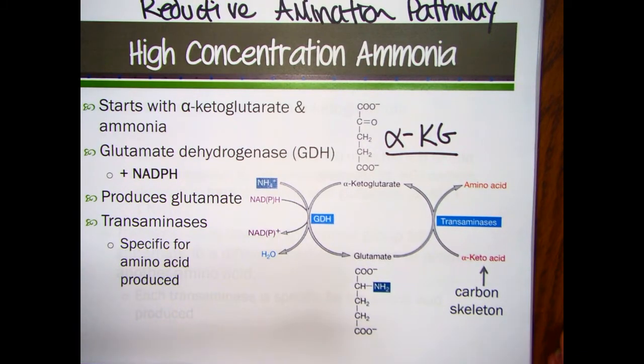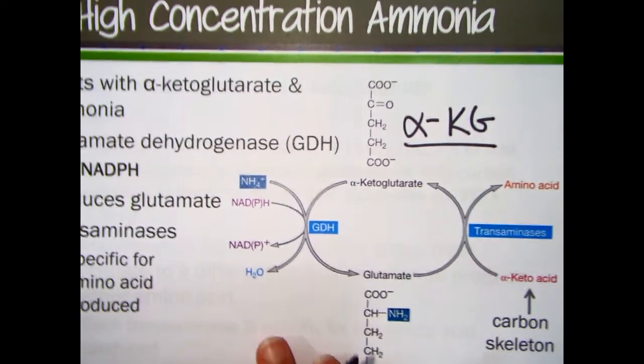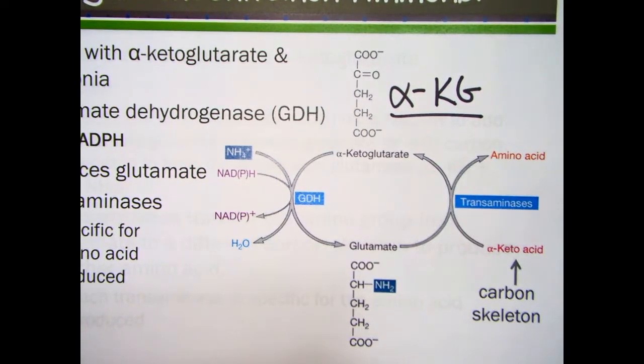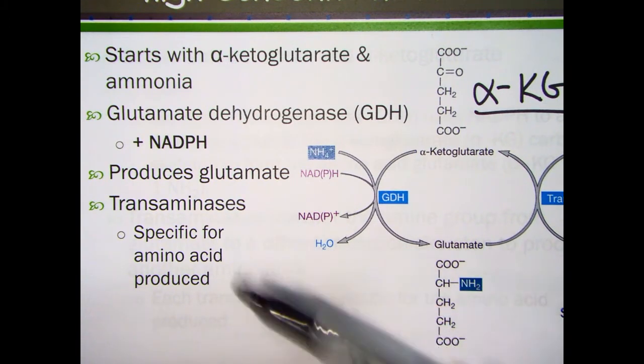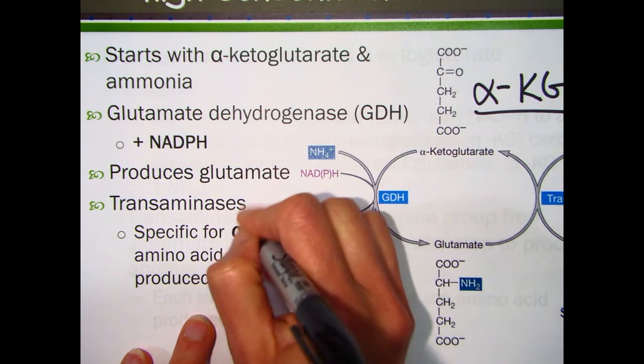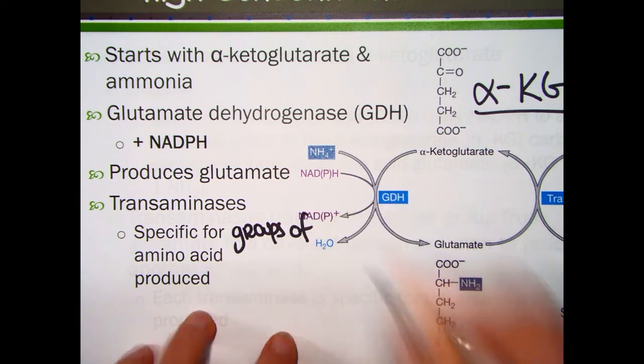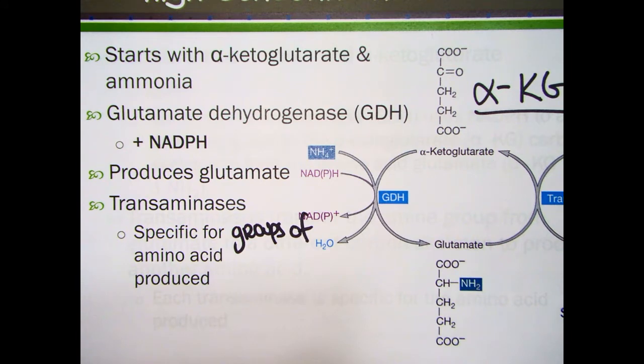I feel like these kinds of diagrams can be tricky to interpret because the reactants and the products are kind of looped together and they're confusing to me. And so I'm just going to draw it out for you separately. But if you like this kind, then here it is. Here is the text that goes with what I just said. This process makes glutamate, and then a transaminase will be used, and these are specific for the groups of new amino acids produced.